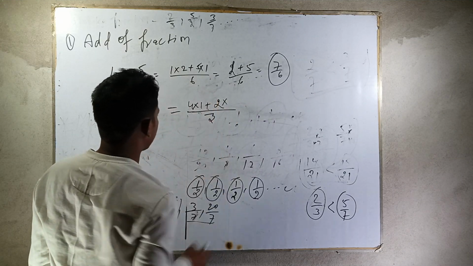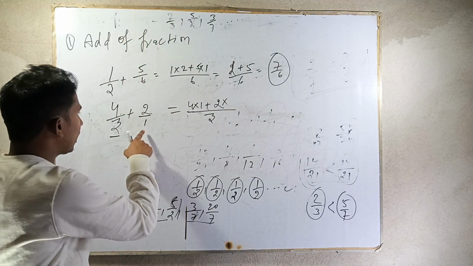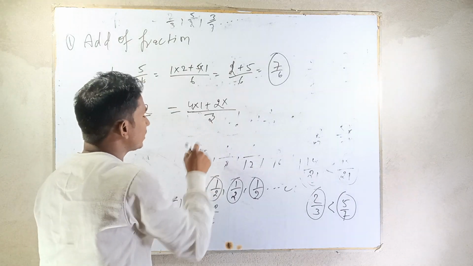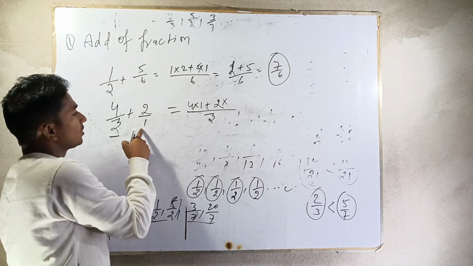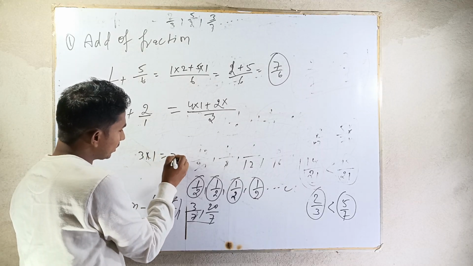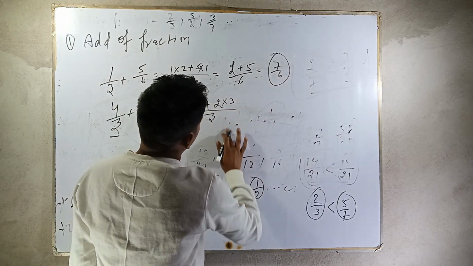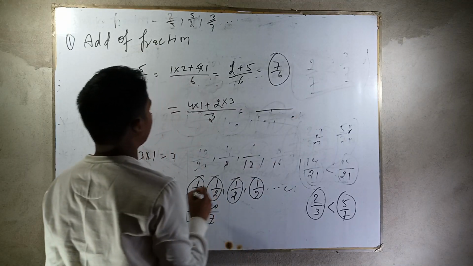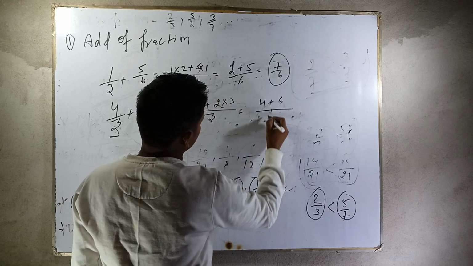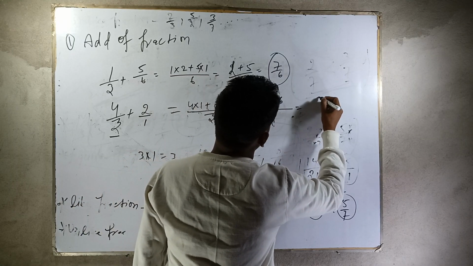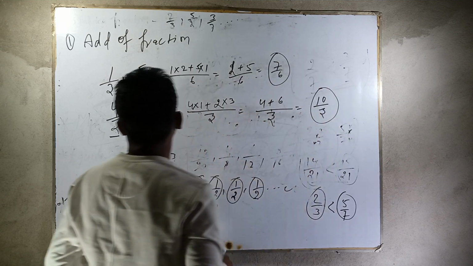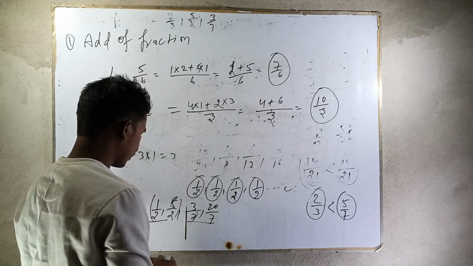Dividing 3 by 1, its value is 3. If I solve, I see that this is 4 plus 6 equal to 10 by 3. This is the type of fraction addition.